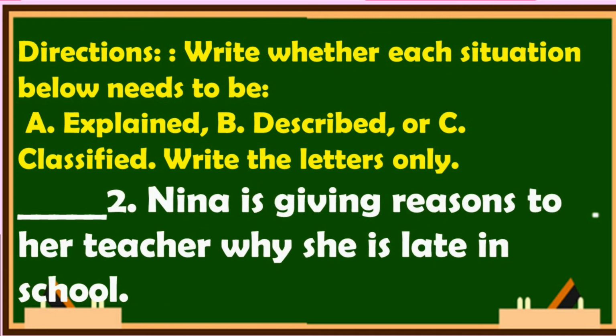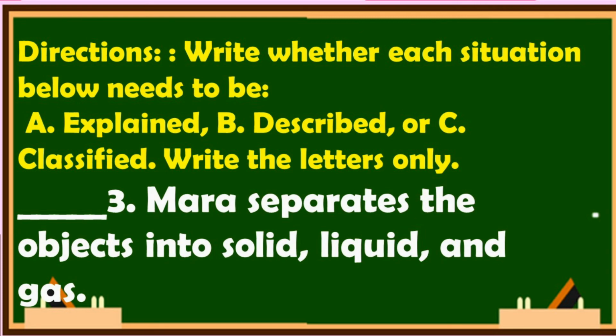Number 2. Nina is giving reasons to her teacher why she is late in school. What is the correct answer? Yes, that is letter A, explained, because Nina is explaining why she is late. Okay, next, number 3.